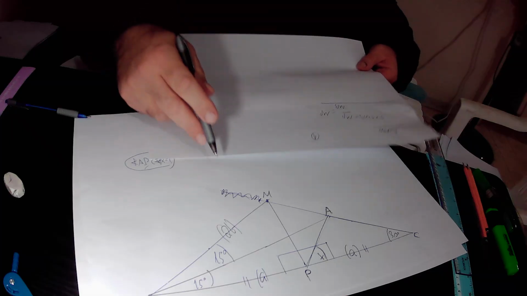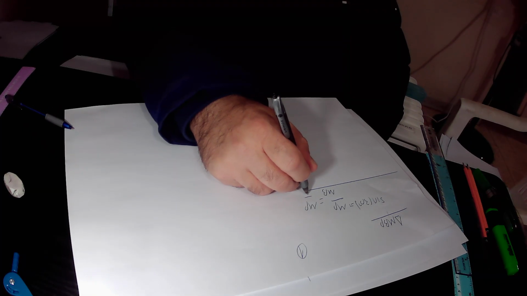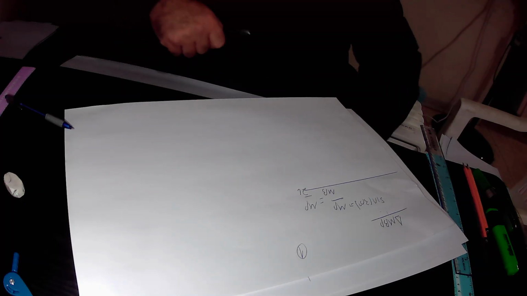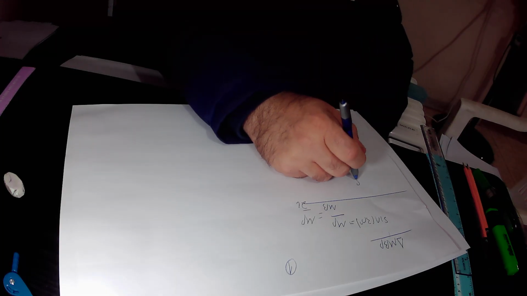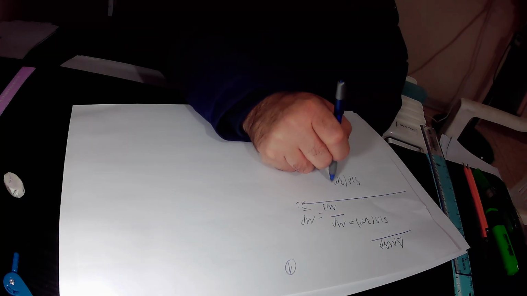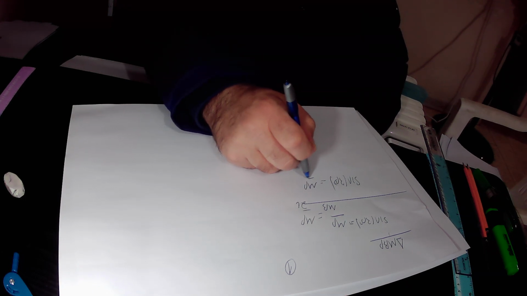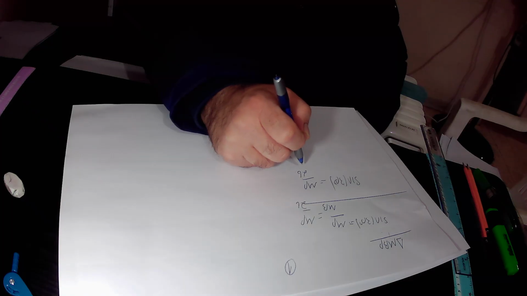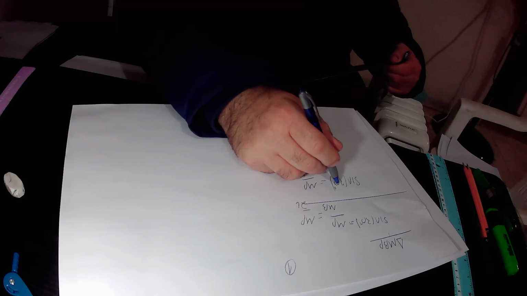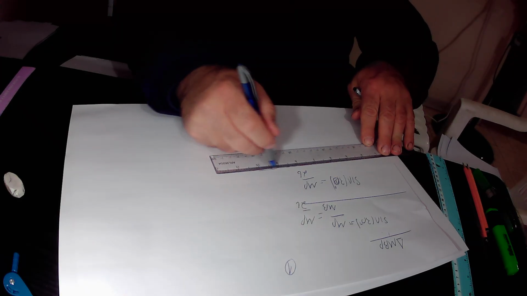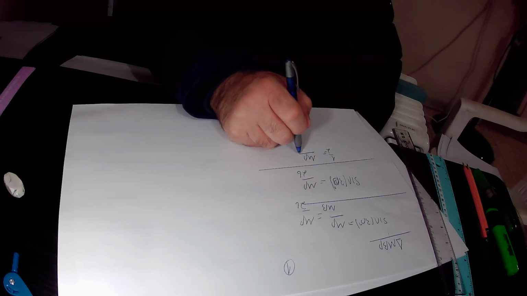MB is 2B according to our definition, so we substitute 2B for MB. So we find that sin 30 degrees equals MP over 2B. Sin 30 degrees is 1/2, so we substitute 1/2 for sin 30 degrees. So 1/2 equals MP over 2B.